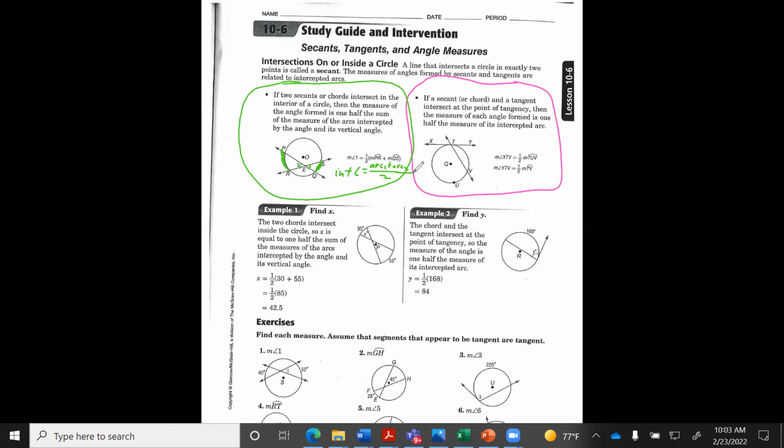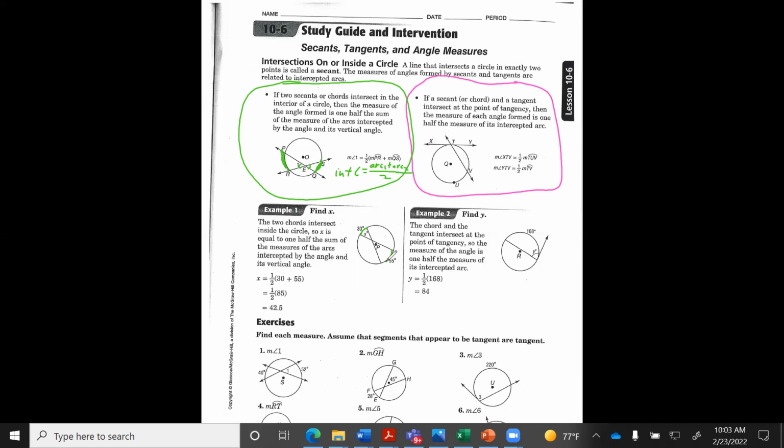And we'll sum up all these formulas at the end so that you have something that's easier to study from. But look at the examples down here. The first example, you have 30 degrees and 55 degrees. They took these 2 arcs, added them together, and then divided by 2. So 30 plus 55 is 85, divided by 2 is 42.5.